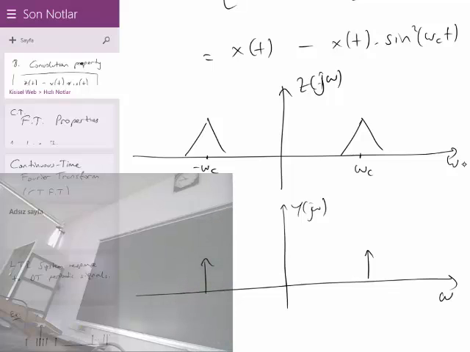For convolution with this impulse, you need to take this and shift it towards right by an amount of this. So shift it and put it here. For convolution of the whole thing with the left hand side, you need to shift this one to the left side by an amount of this and put it here.